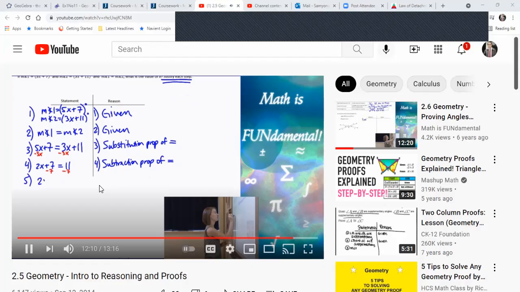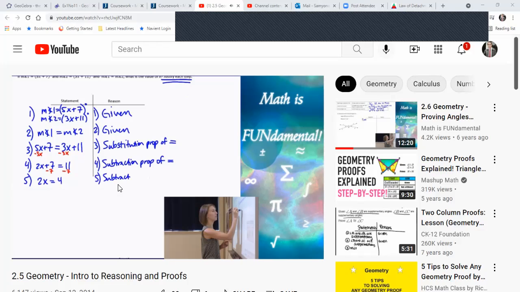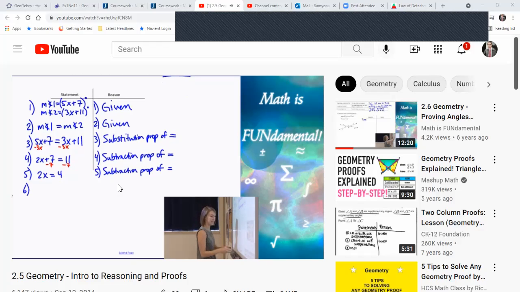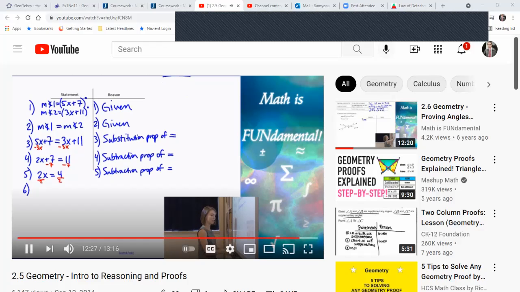So I end up with 2x equals 4. So on step 5, again, I'm going to get subtraction property of equality. And my last step, if I take and divide both sides by 2, I get that x equals 2.